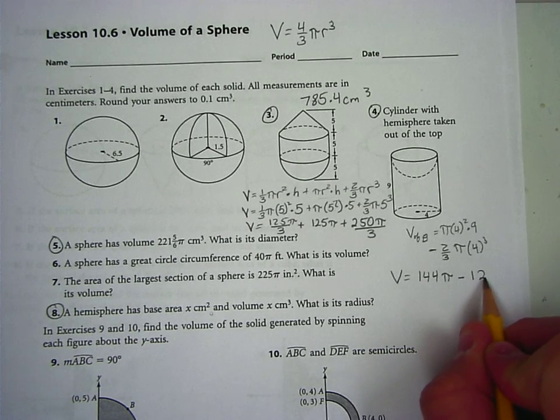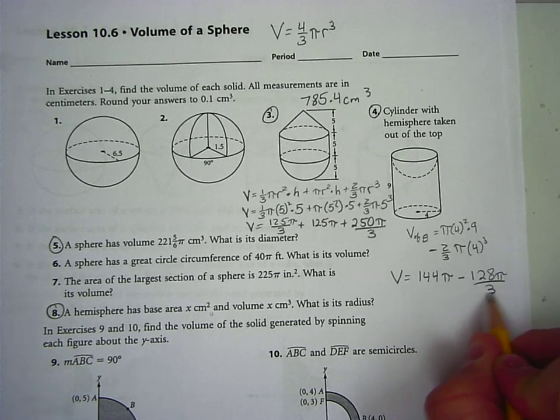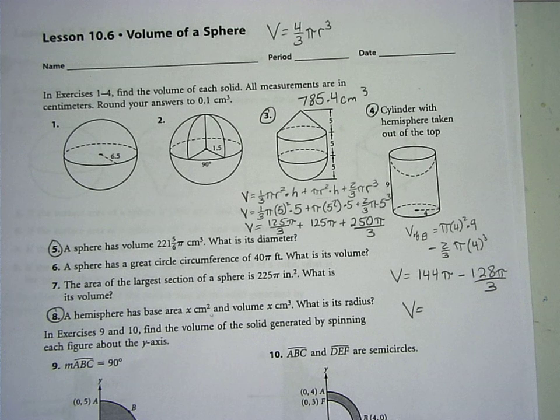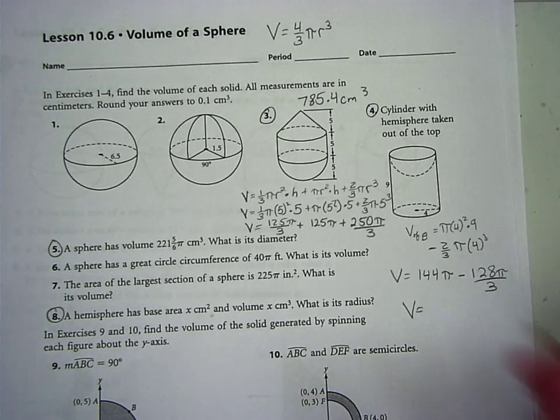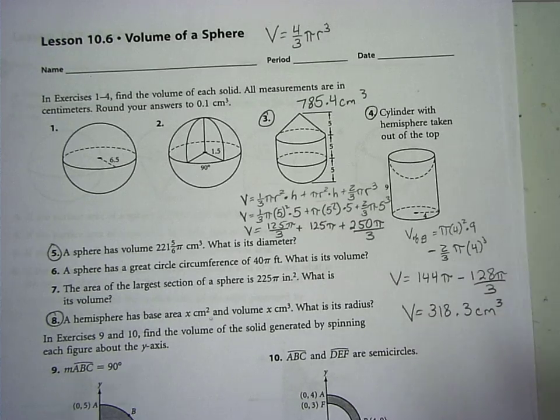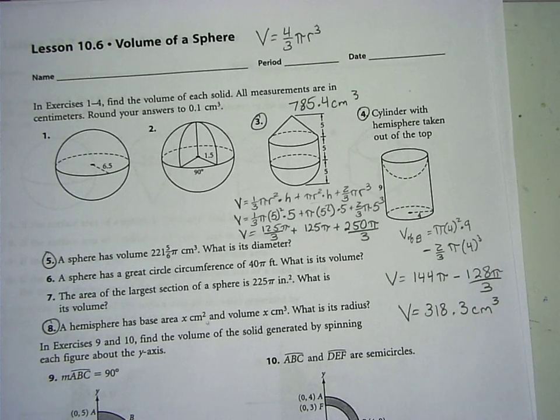So this is minus 128 pi over 3. And again, you could just do it in the calculator. And when you plug that in, you end up getting 318.3 centimeters cubed. Alright, so that's 3 and 4.